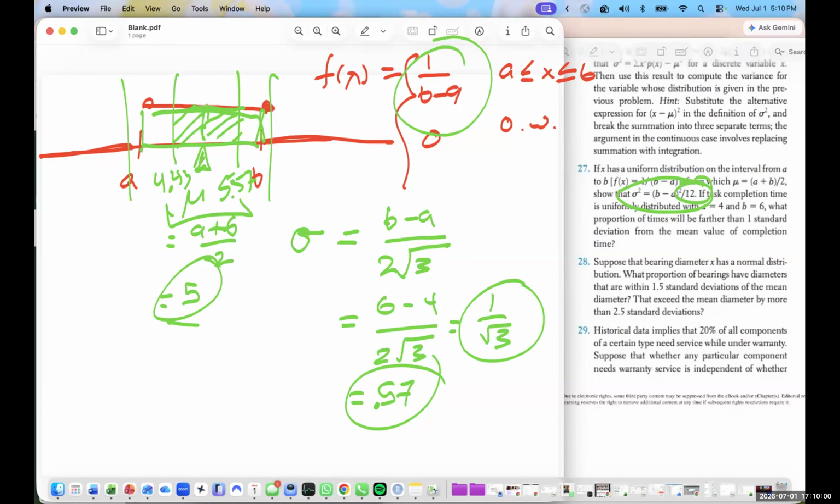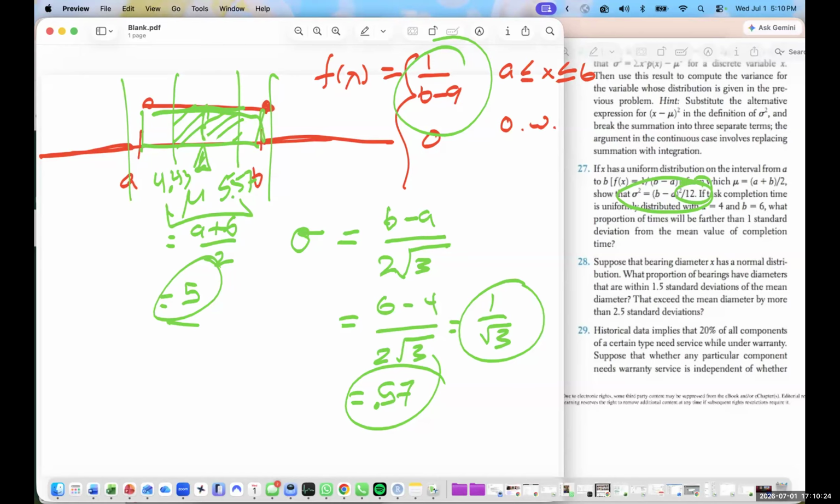I'm going to eyeball this and say it's about 0.57, though I could be wrong. Maybe it's a little more. No, it's 1.14 over 2, yeah, that's 0.57.